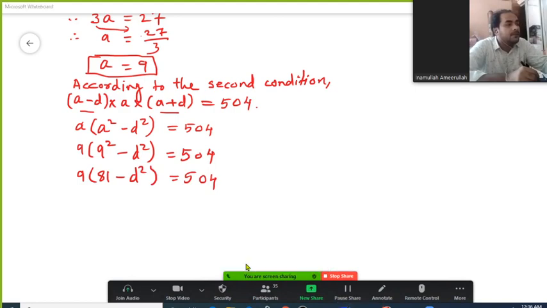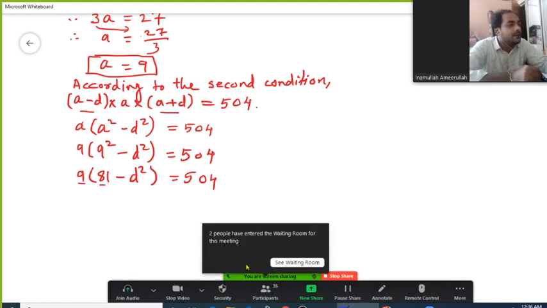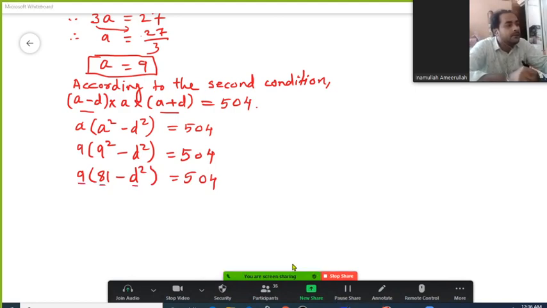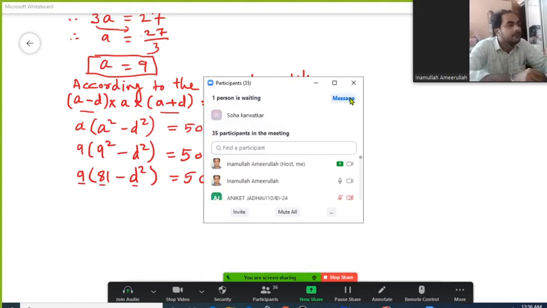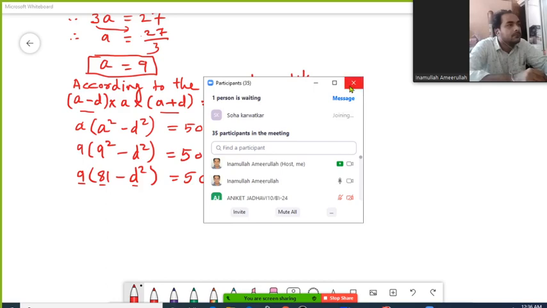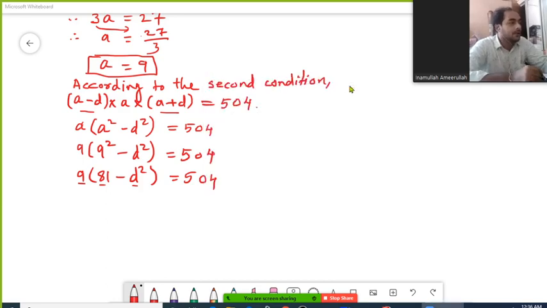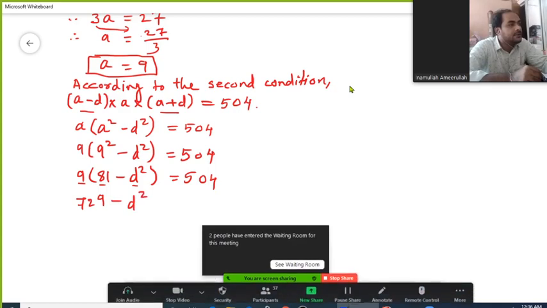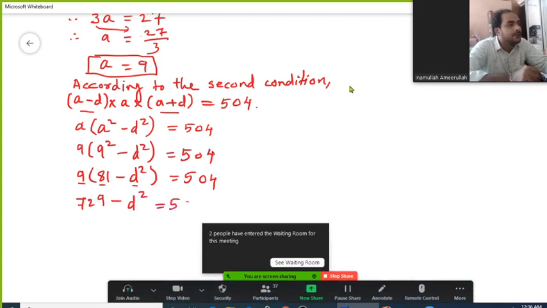Now we can multiply this 9 with 81 as well as d squared. So 9 into 81 is 729 minus 9d squared is 504.